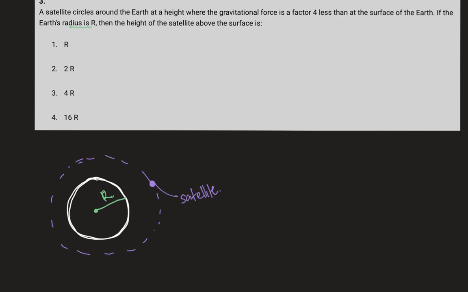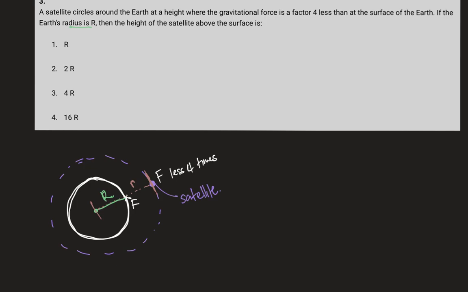At my orbit, my force is 4 times less, right? And then at the surface over here, it's just force, right? We want to know what is the height. So this distance here in red, that distance r, we need to find r.